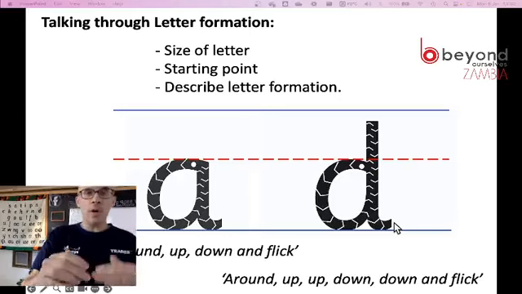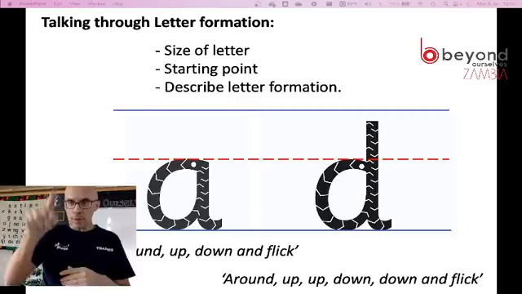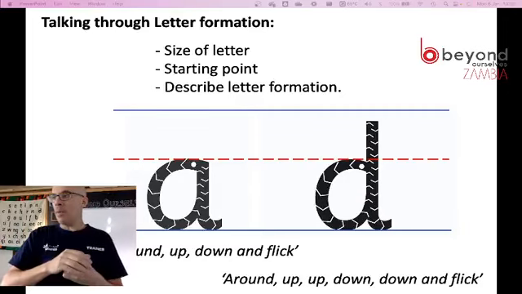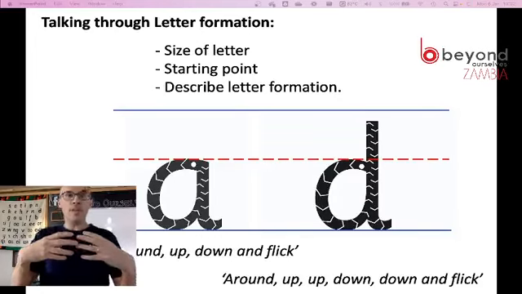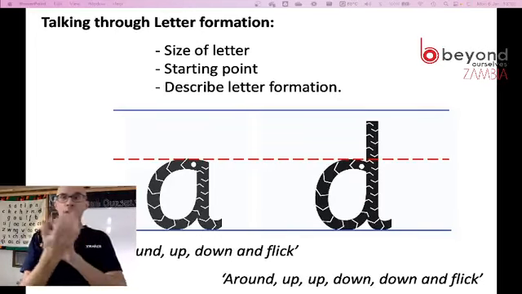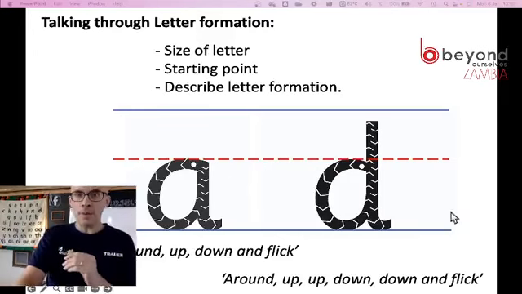Because we want to acknowledge that it's a tall letter, that's why we do up, up, and down, down. Okay? The other thing to bear in mind is that when I'm demonstrating that to you, I'm trying to think about which way round I'm writing it. So we're going to be looking at that as well.